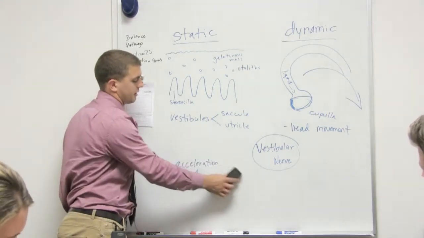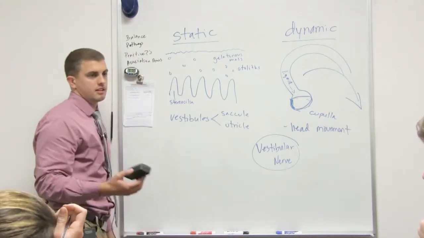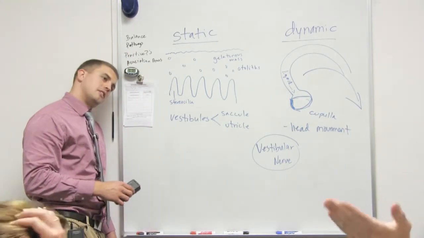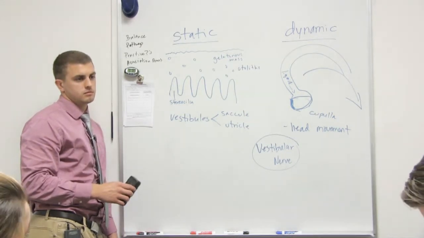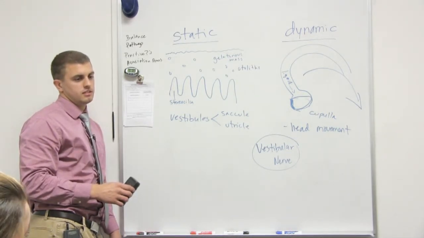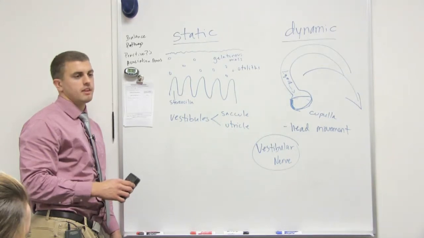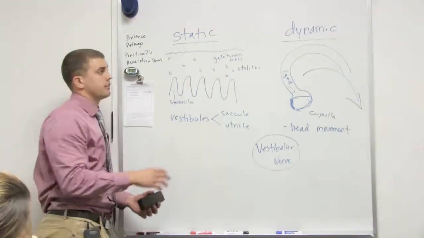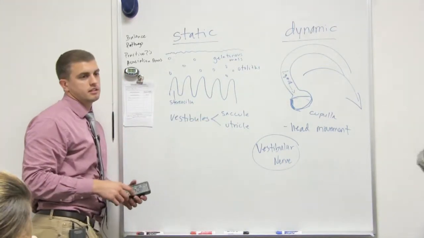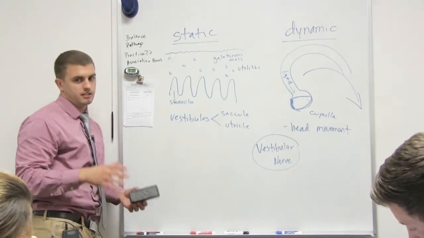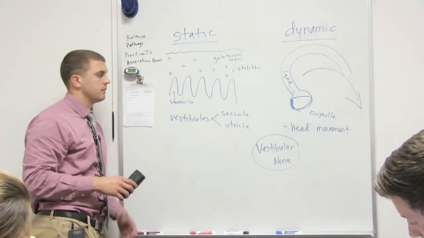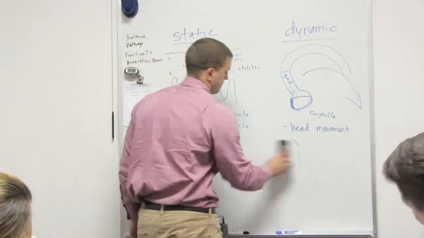You're going to use them both to some extent, right? You can't have a different head position unless your head moves. So if I'm going forward, the fluid stays there and bounces on the bottom of the cupula. Yeah. You have three different semicircular canals, so either way, it's going to cause it to shift a little bit. Cool.